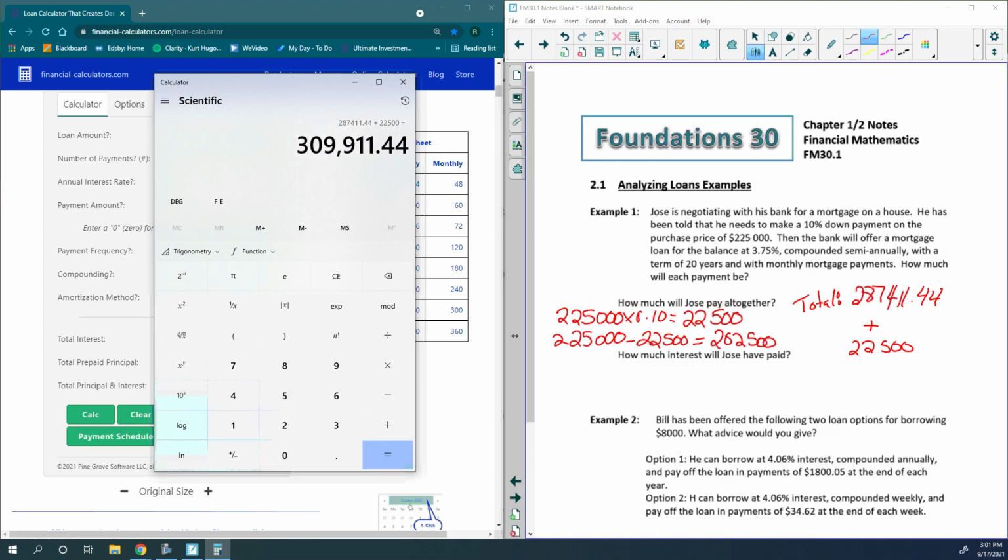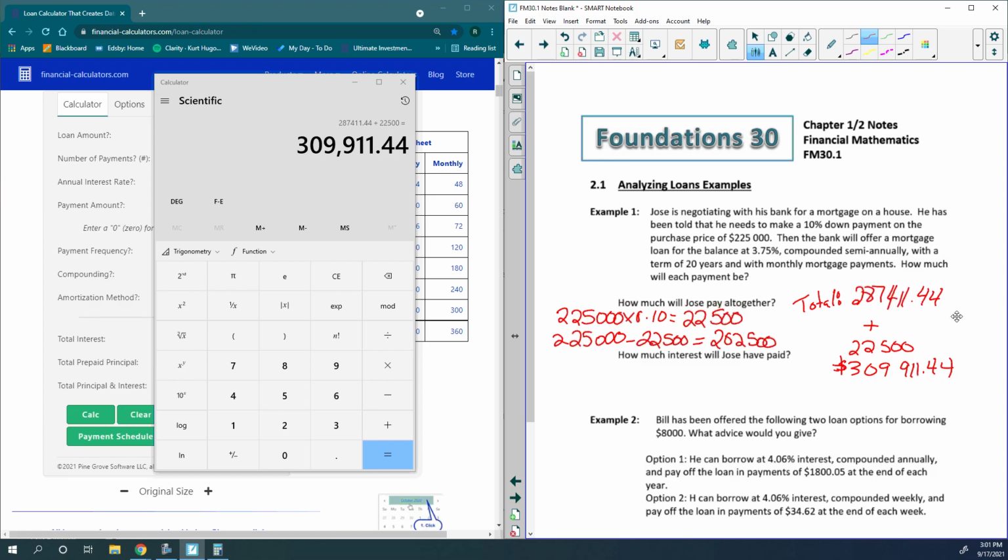So when it's all said and done, he has paid $309,911.44 if you include what he paid for the mortgage plus his down payment.